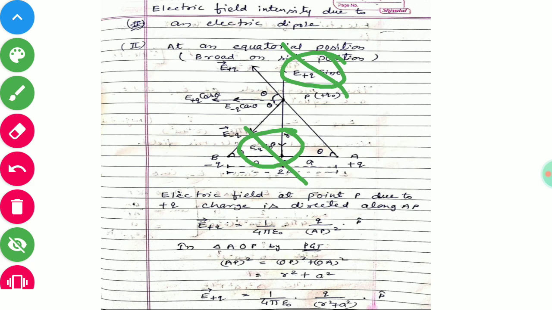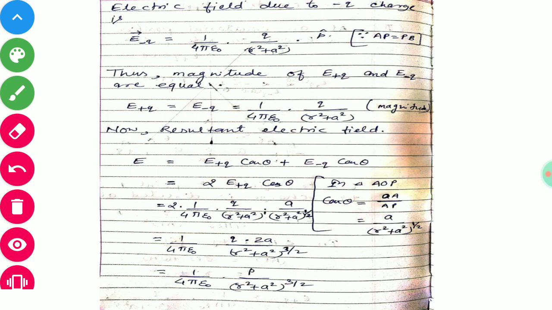Then our result is represented by E. E plus Q cos theta and E minus Q cos theta both act in the same direction. So we take the result from these two only. So now the resultant electric field E is equal to E plus Q cos theta plus E minus Q cos theta.